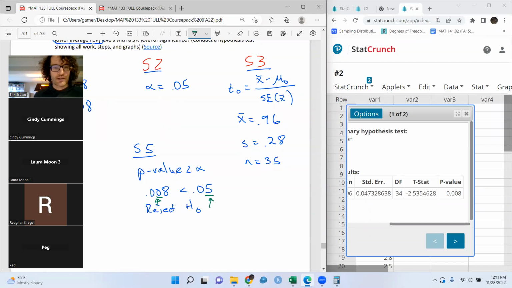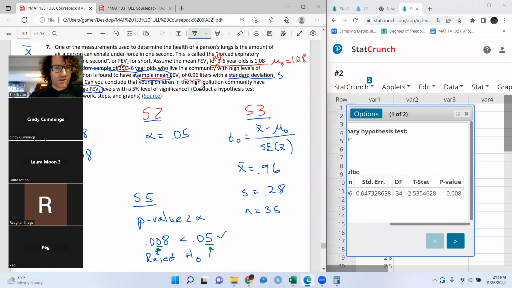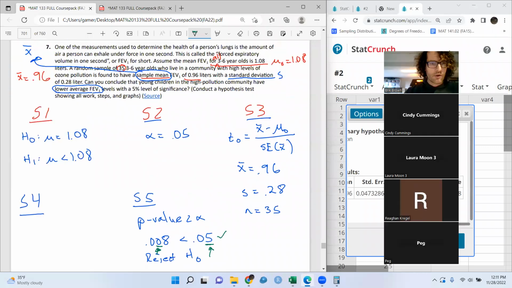So the question you could ask yourself is whether or not 0 is less than 5, which it is. So we reject. What's our conclusion? There is significant evidence to support the claim that young children in high pollution communities have lower average FEV1 levels.